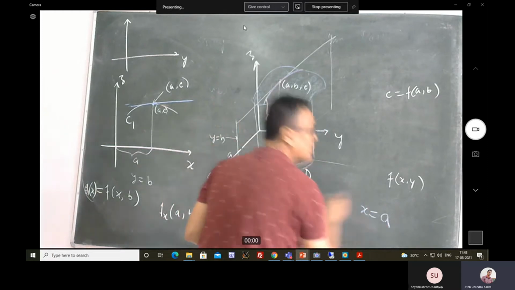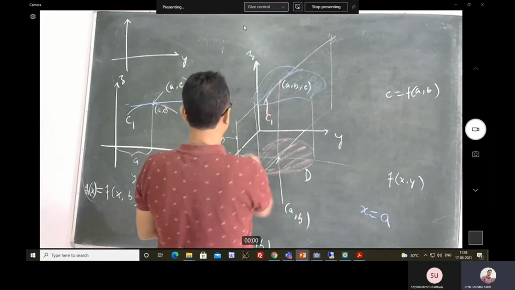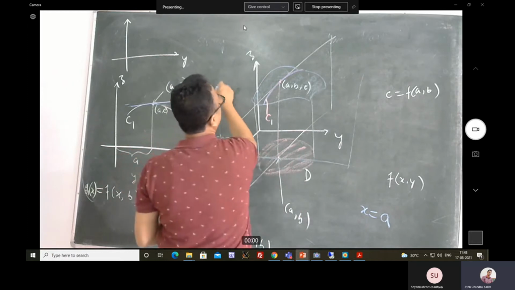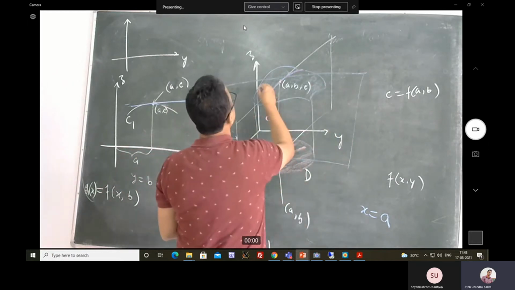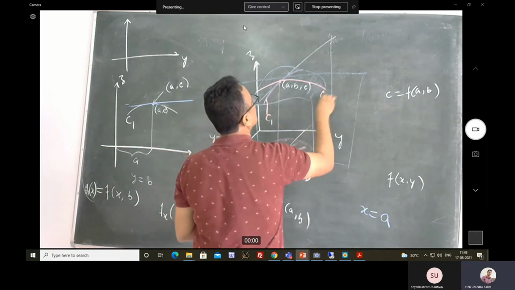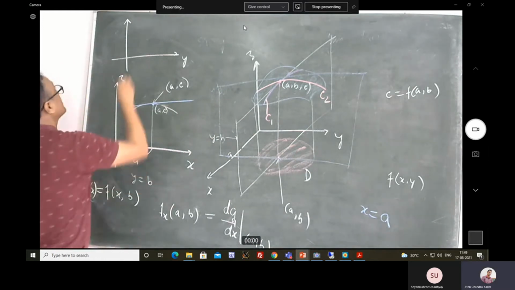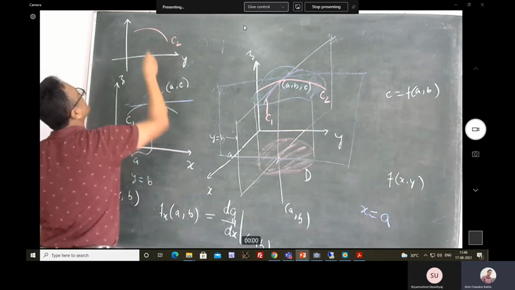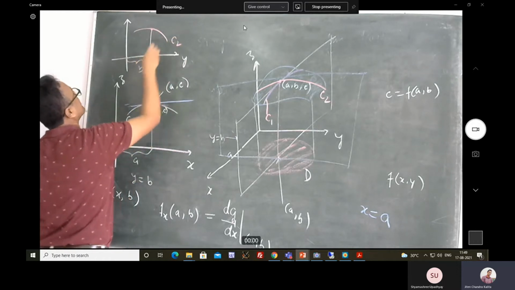If you consider x equal to a, you are going to get another plane like this, and that is going to cut the surface at some curve C2.